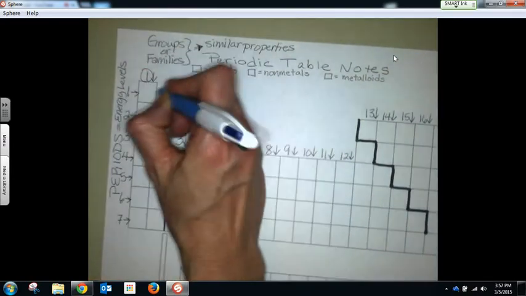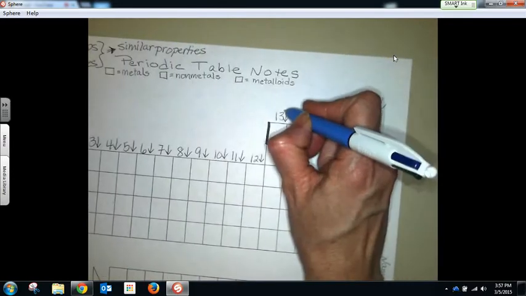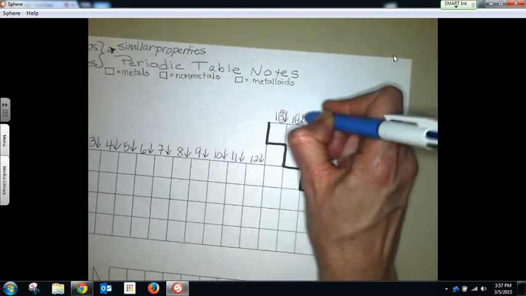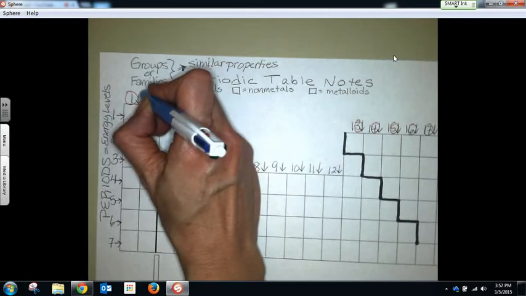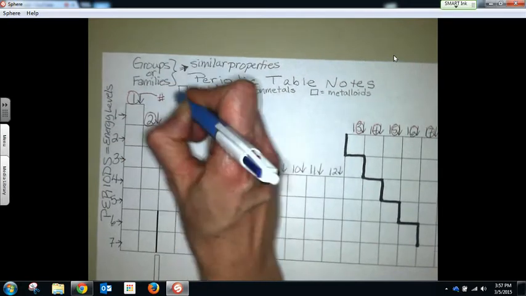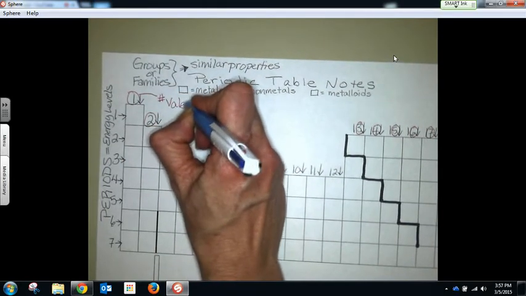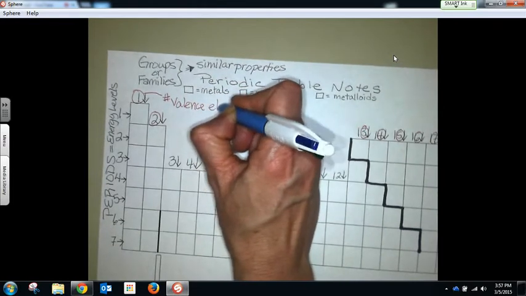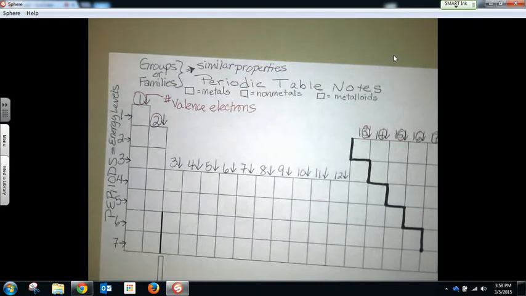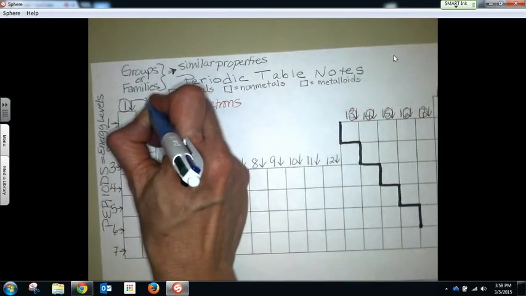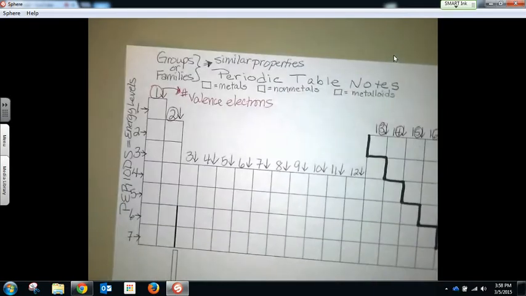These, circle them 1 and 2, and then skip the bridge and go to just the 3, just the 4, leaving out the 1, 5, 6, 7, 8. Those are the number of valence electrons. Valence electrons, as you saw from your reading, are the outer electrons in the energy level.